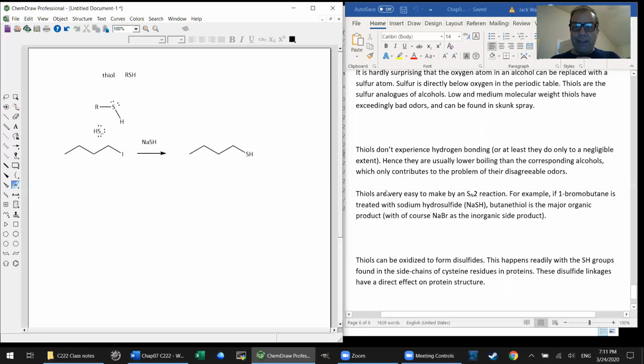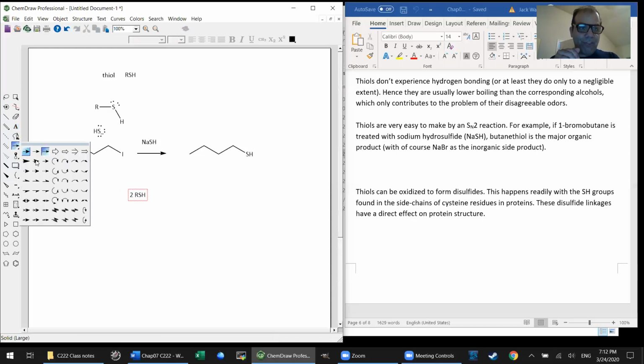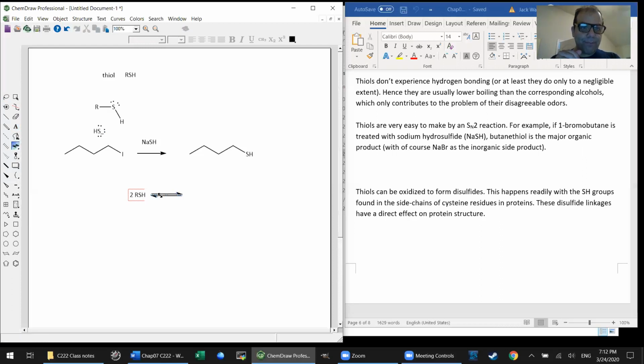That goes very readily. One last thing I want to mention about thiols is that they readily undergo oxidation to form what are called disulfides. And the stoichiometry of the reaction is such that you can take two thiol molecules, and in the presence of an appropriate oxidizing agent, this happens quite a bit in living systems, and we already mentioned some biological oxidizing agents, NAD+ or FAD.